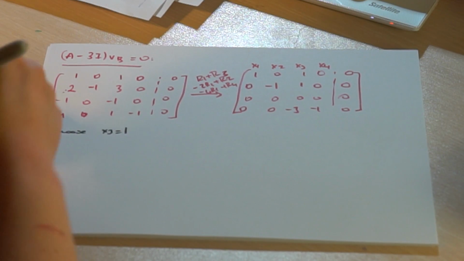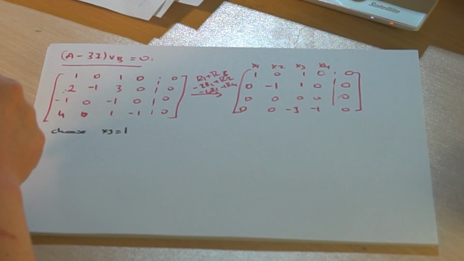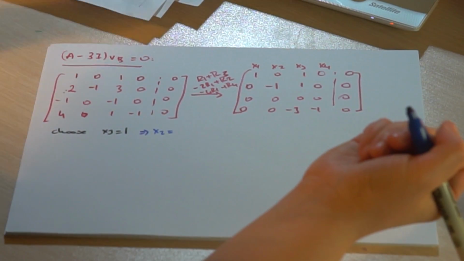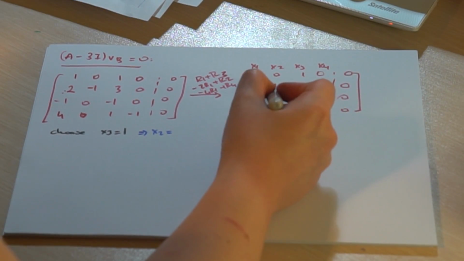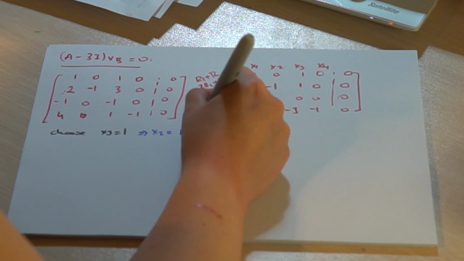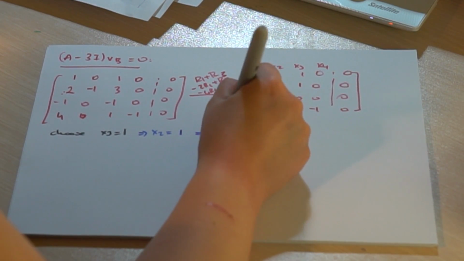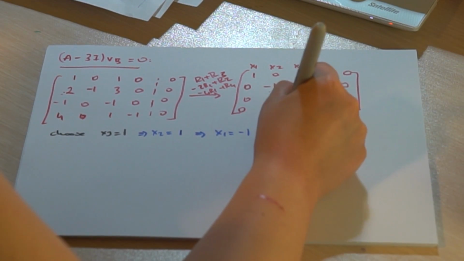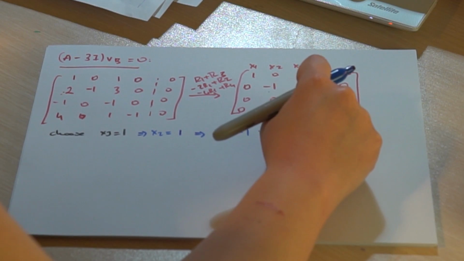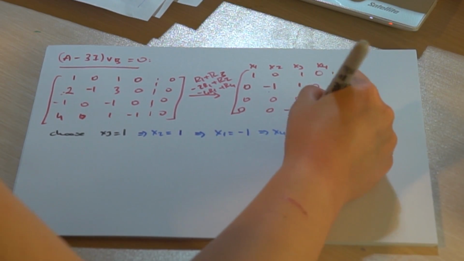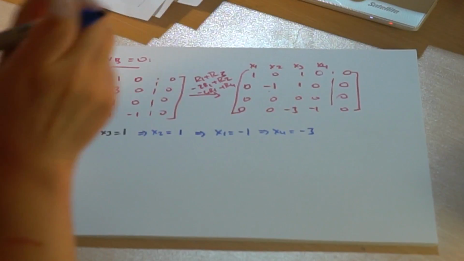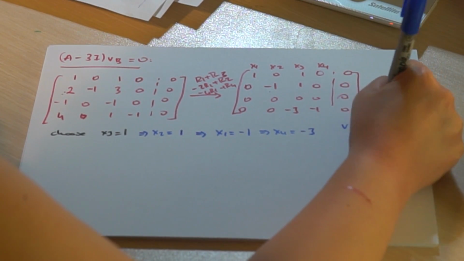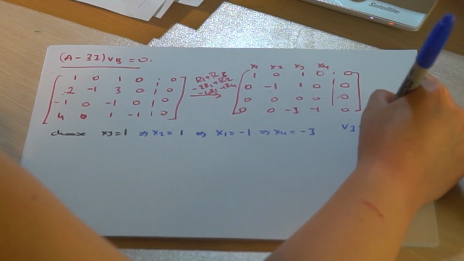Then x2 becomes 1, x1 becomes minus 1, and x4 becomes minus 3. So our v3 will be minus 1 1 1 minus 3.